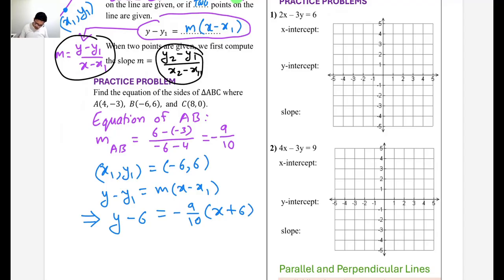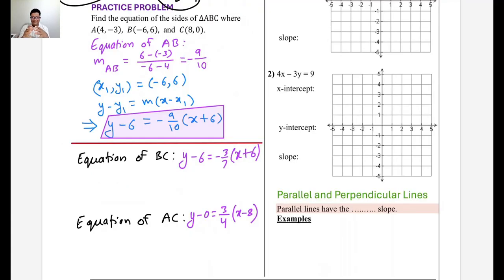Unless you are asked to simplify, you can leave it like that, because point slope form is one of the beautiful forms of equation of a line. Please go ahead and find the equations of the other two sides. I will simply give you the answer here. The equations, I hope you have computed them, and you are checking them out.